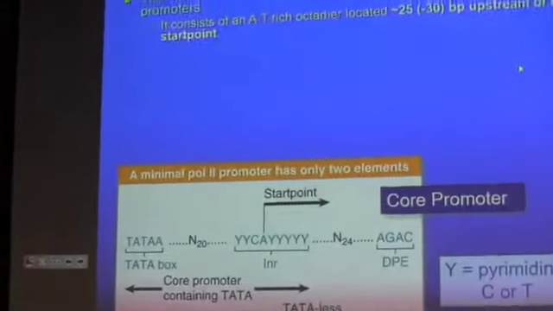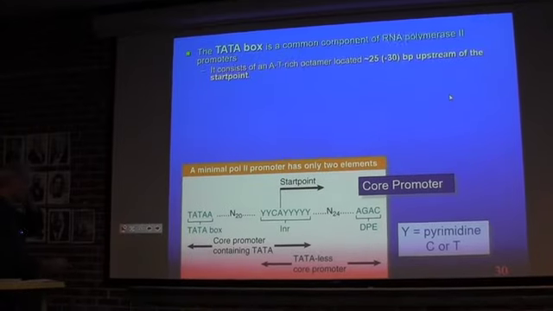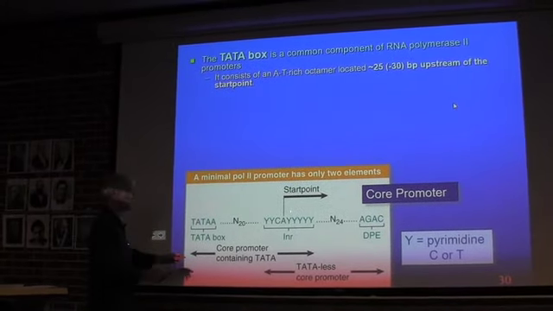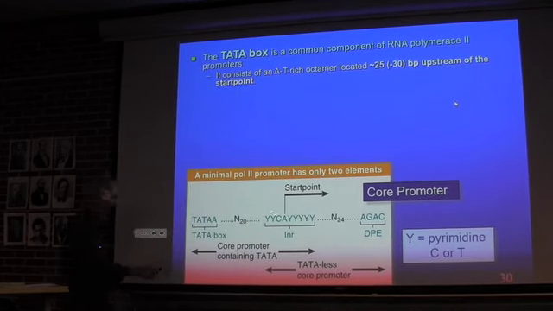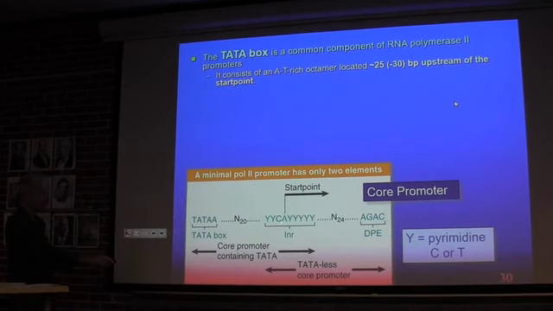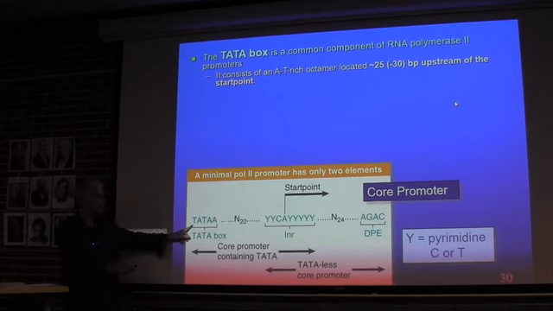This is a general picture that helps you remember it. So here you see the start point, and you see this initiator region, CA, and it usually starts over the A, and these are pyrimidines on either side. And notice about 20, it's actually 20 to 30 upstream, so -20 to -30.